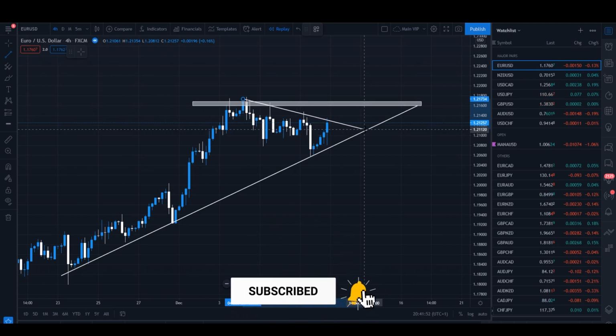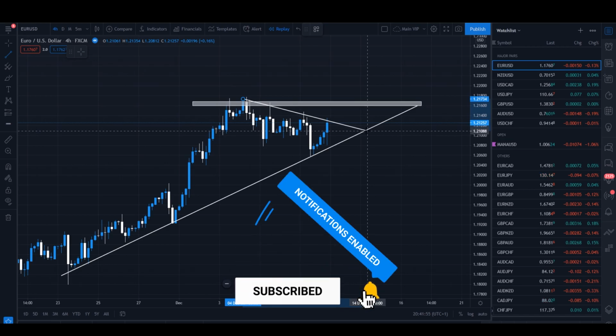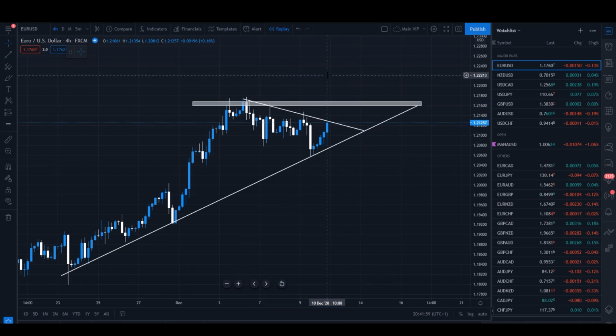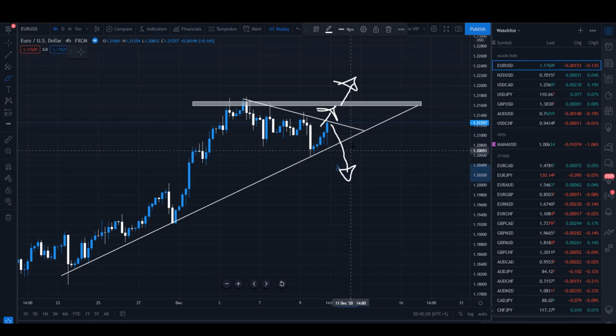However, I usually mark my trend lines as far as possible just so I know where the actual break happens, because usually new traders don't understand when the market is actually broken. What usually happens is traders think, oh, it's broken towards the upside, let's say, on this trend line over here, but then the market decides to suddenly drop down. Well, if you've drawn your trend lines correctly, more than likely that would not have happened.